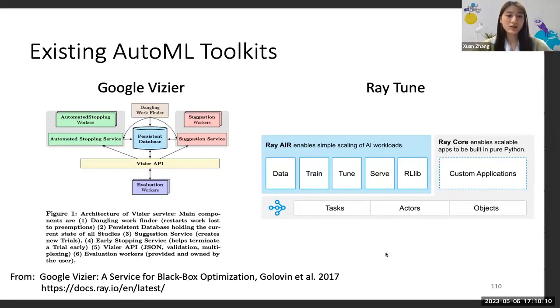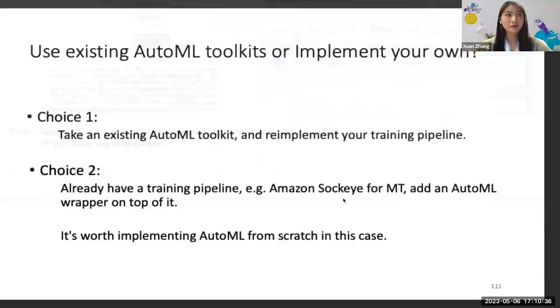It supports a bunch of optimization algorithms and parallelization strategies and plays nicely with popular machine learning frameworks. Both of these tools are solid choices for researchers to dive into AutoML. There are also other available choices. You can do a little bit of a survey before you choose one.